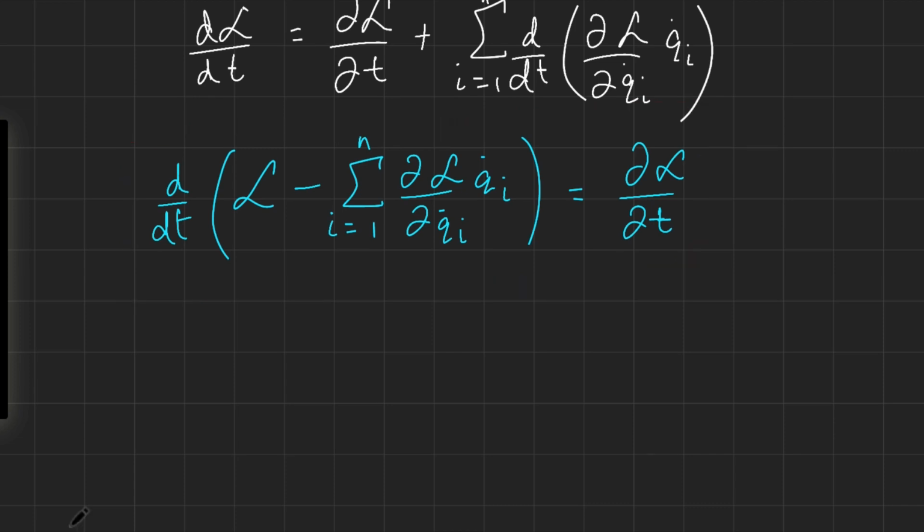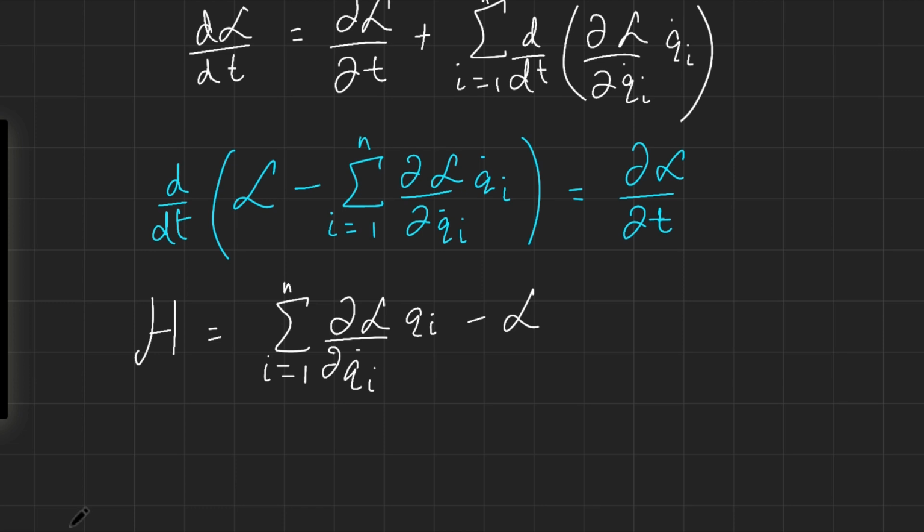We know that the Hamiltonian is actually defined as the sum from i equals 1 to n of the partial of L over the partial of q̇_i times q̇_i minus L. And well, this is because this expression right here is actually just the momentum in the ith coordinate axis.